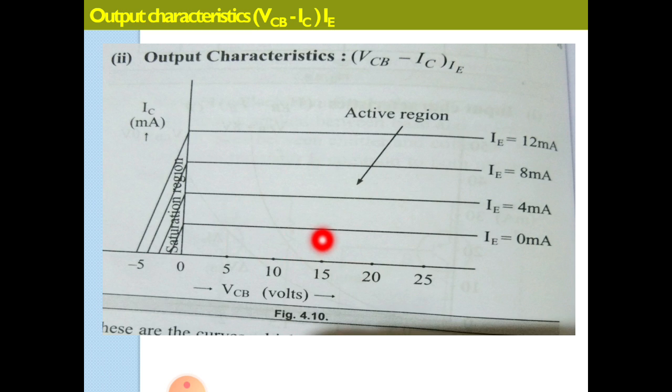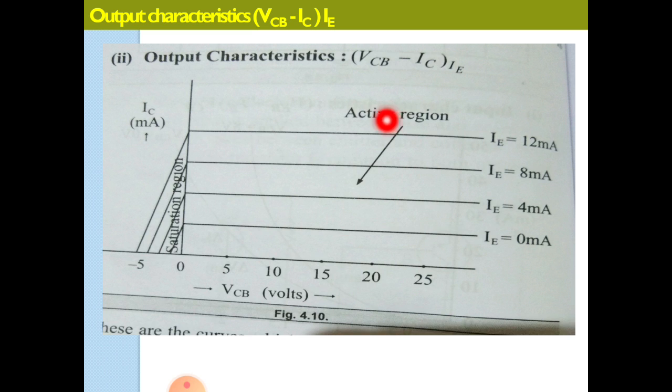Now in this graph, the output current and the output voltage have their positive values. This is the first quadrant of the graph, where the output current and the output voltage all have positive values.